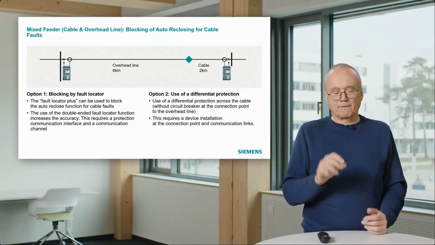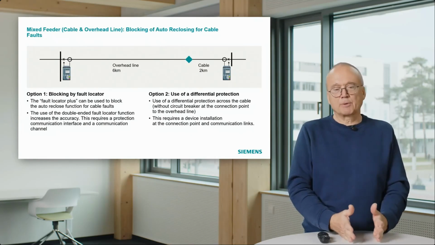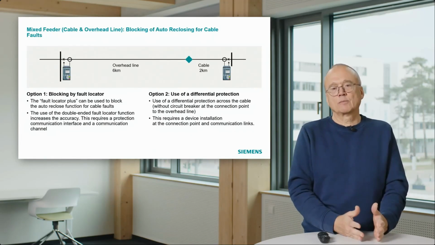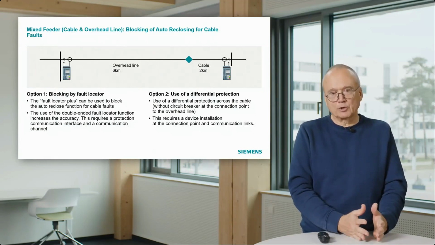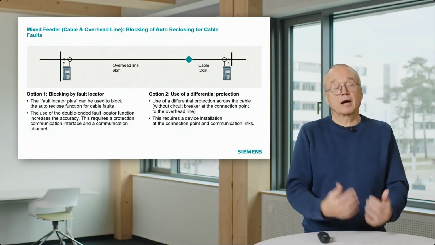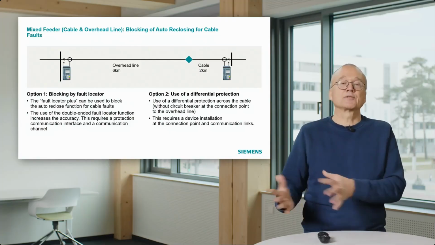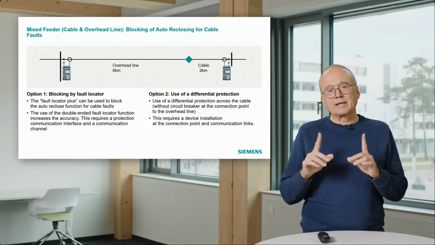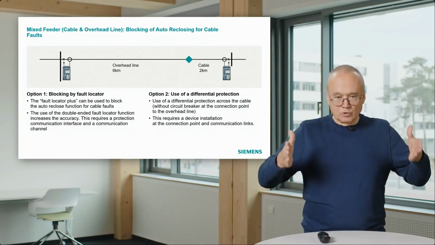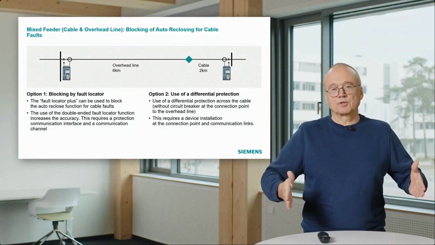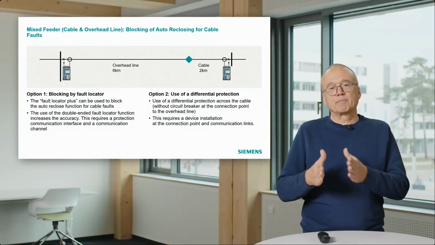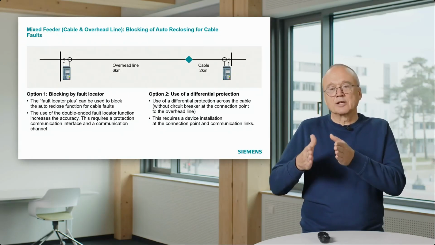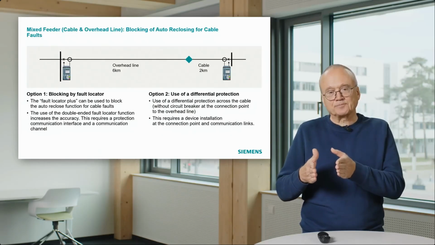But if we have the possibility to install a current transformer and also a protection relay, which I would imagine could be the case, for instance, in a 400 kV project, then in addition to both distance relays on both sides, you can set up a current differential, line differential relay just across the cable section.